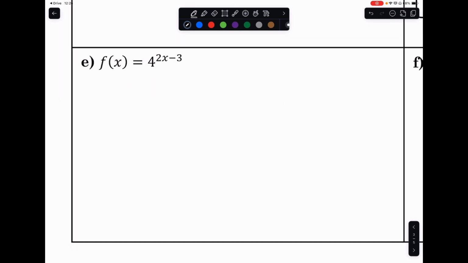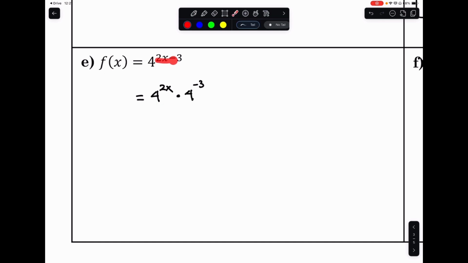Okay, now let's look at an example. We're going to use double properties, the product and the power, and we're even going to use the negative exponent rule. So here, let's first start off by writing this as 4 to the 2x times 4 to the negative 3 power.